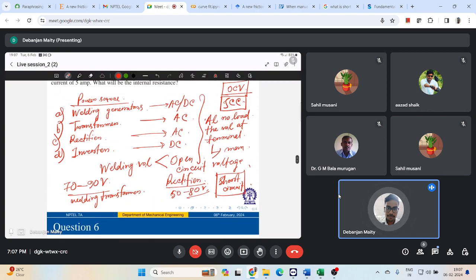And then, as I was saying, we have welding generators, transformers, rectifiers, and inverters. Generators have been very popular for many years. They have a high cost, and the efficiency is poor. However, the welding characteristics are excellent for this motor generator power source.